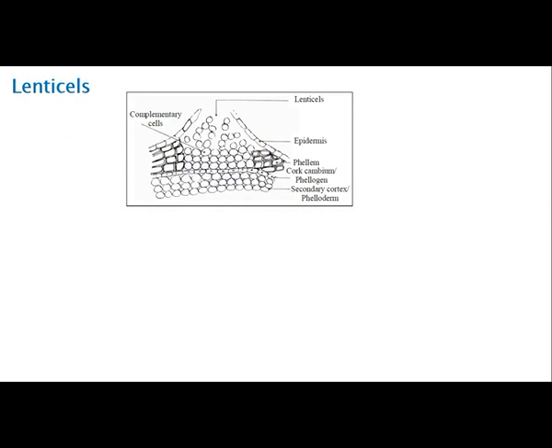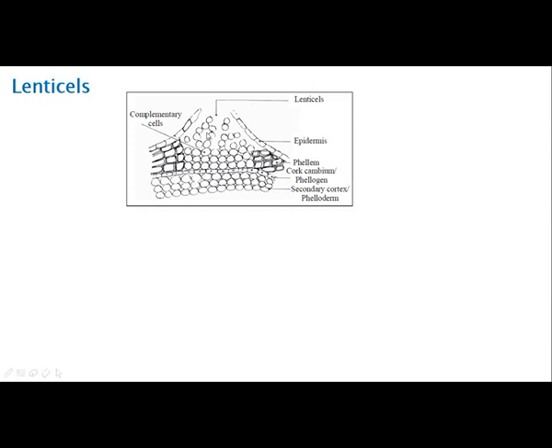Now, most of the cells in the phellem are dead, but some living cells are also found. These are called lenticels. Basically, lenticels are made up of a scattered group of living cells. You can see that this is the phellogen, this is the secondary cortex, and these are the cork or phellem, formed by the division of this phellogen.